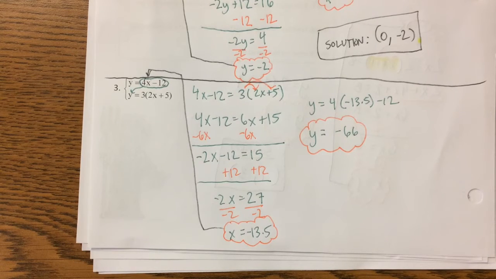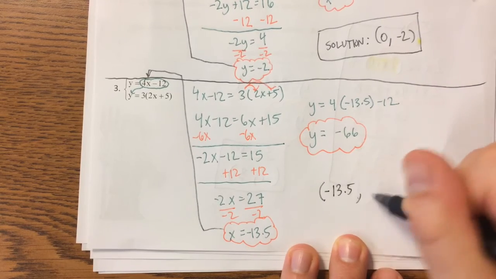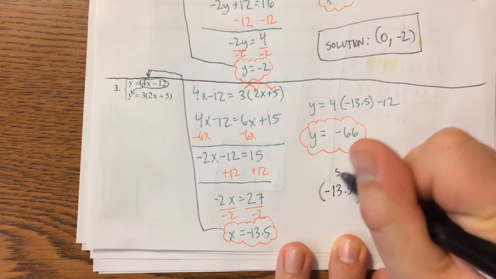This will just be your answer, right? You don't have to worry about trying to identify that intersection. So my solution is going to be negative 13.5 comma negative 66.